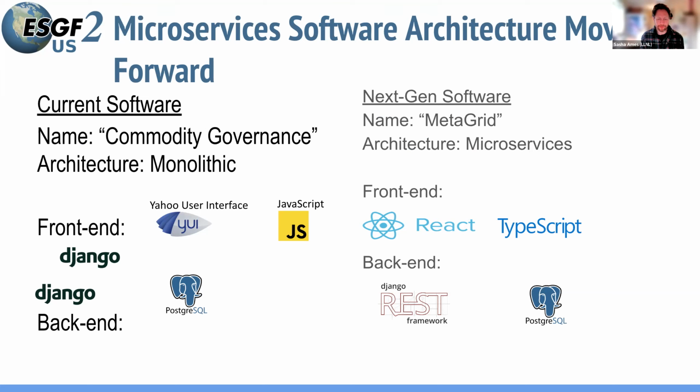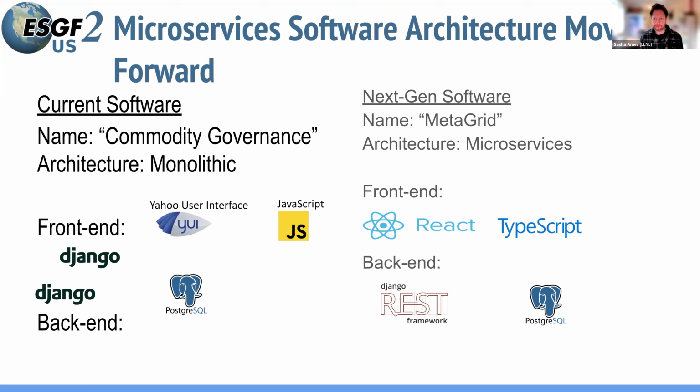Around the same time, more advanced JavaScript frameworks became available, eventually including TypeScript, a very popular one. What we use for Metagrid is React, which is developed and maintained by Facebook, and is probably the most popular framework, with a large open source community and lots of modules to give it legs for enhanced usability.